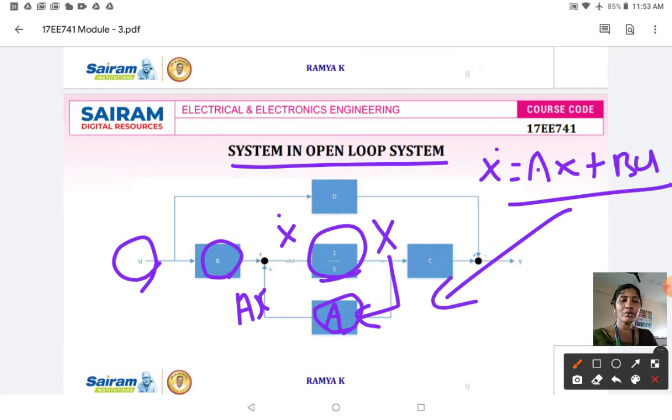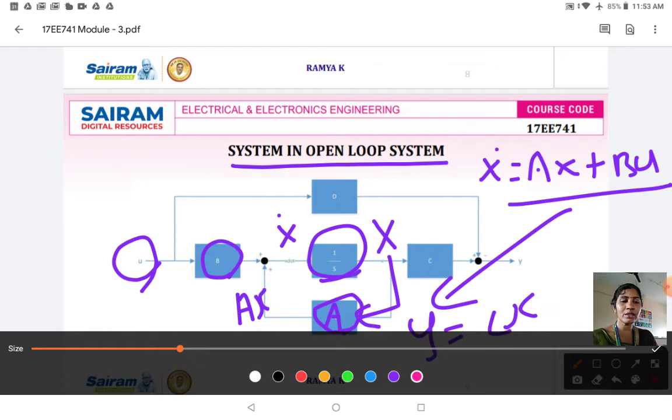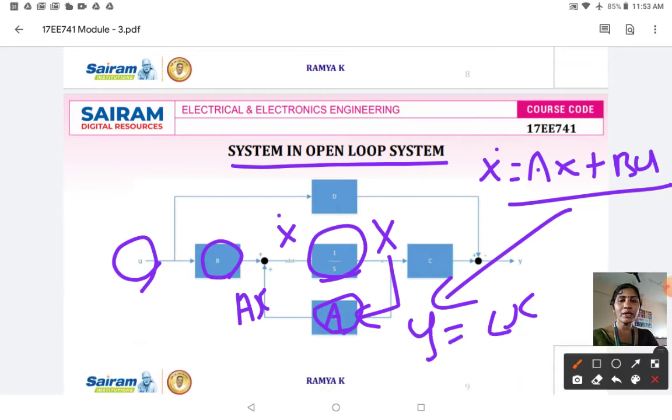The state diagram shown here is meant for the state equation and output equation Y is equal to C into X. So looking at this complete diagram, it is very clear that the systems are connected only in open loop condition.